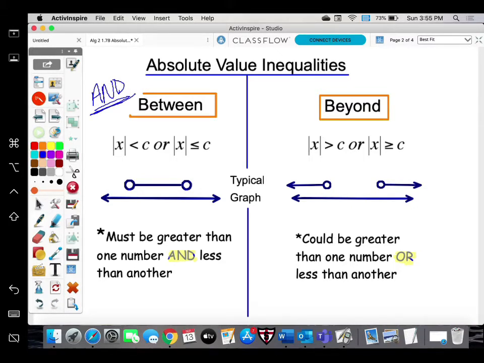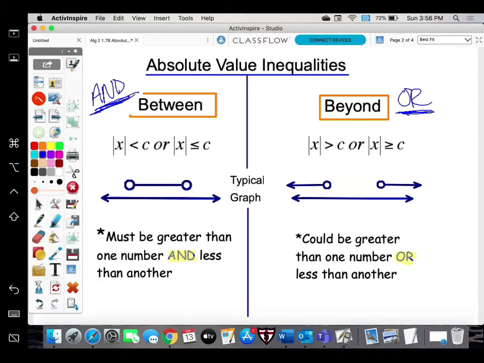Okay? Beyond or the or inequalities, greater than or equal to. So again, if we say it a little bit funny and we say greater, then we remember the greater than ones are or. So that's just a little trick that some students quite a while ago came up with, and I've used it ever since because it was a pretty genius idea. It's how we can remember whether it's and or.